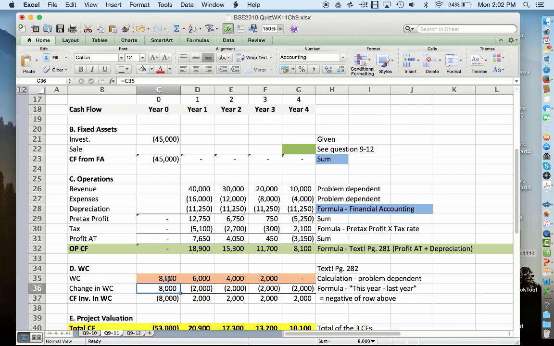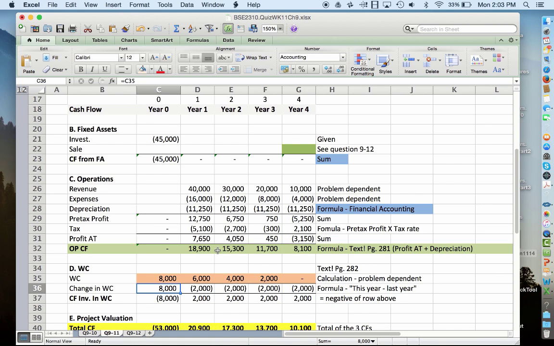And then 6,000 minus 8,000, that's actually decreased the working capital. So our working capital is going down. So I calculate that, and then I take that change value and I essentially multiply it times -1. And that will give me the cash flow from working capital.